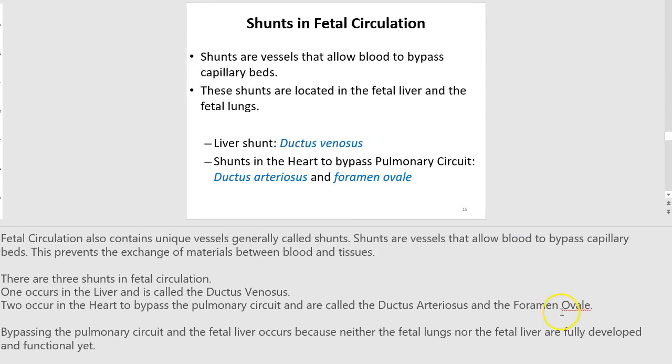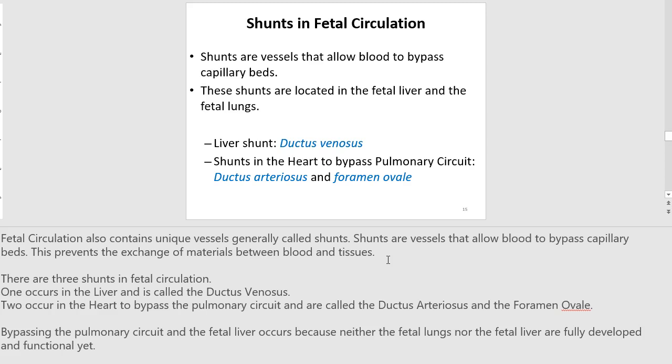Now, the reason these shunts are important is because the fetal liver and the fetal lungs aren't fully developed or functional yet. So it's best to send blood to areas that need the oxygen the most.